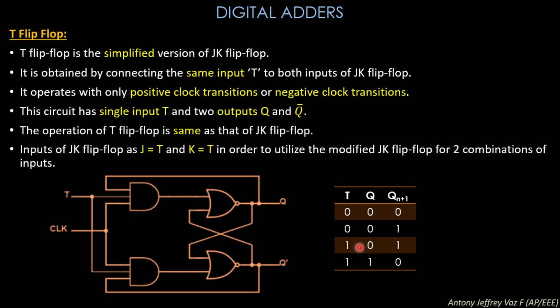Similarly, for the condition when T is set to 1, the transition from 0 state to 1 and 1 state to 0 can be clearly seen in the truth table of the T flip-flop.